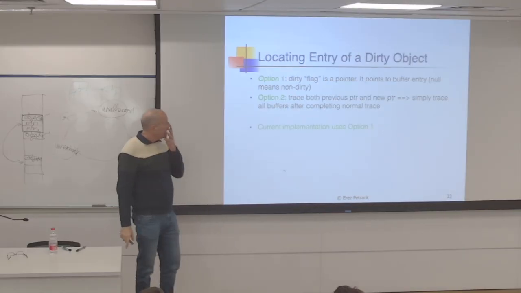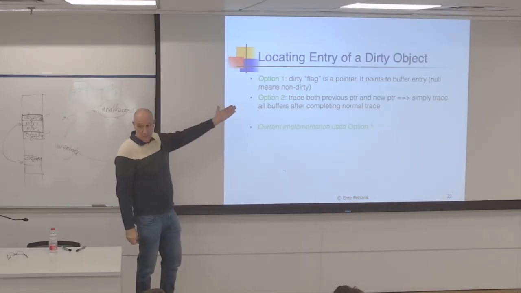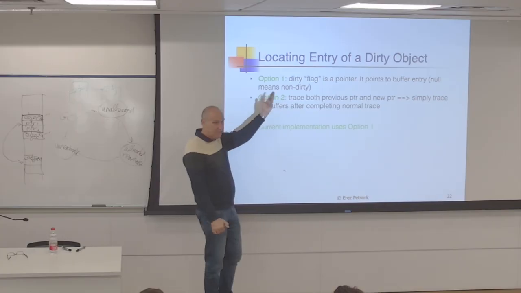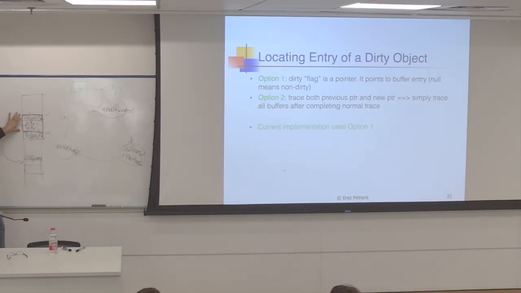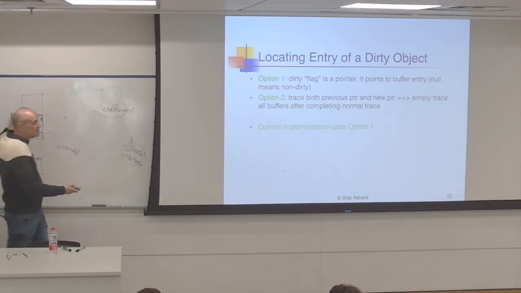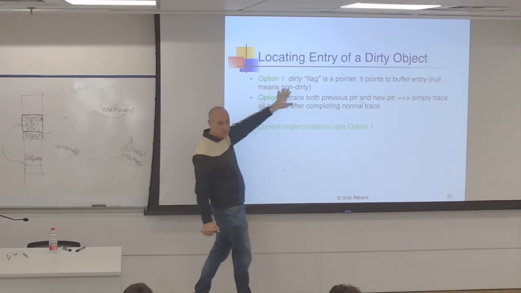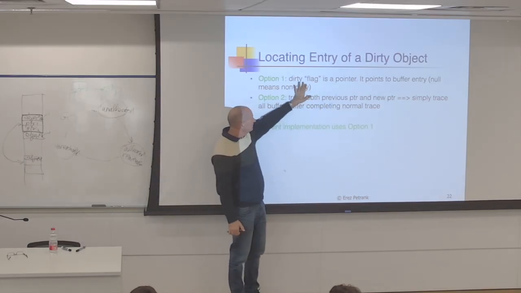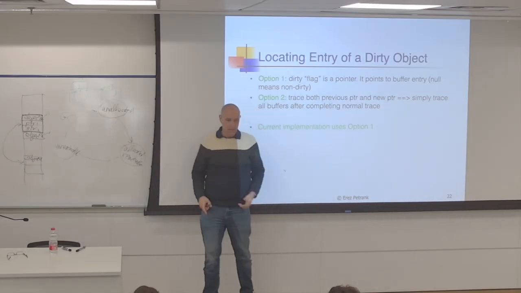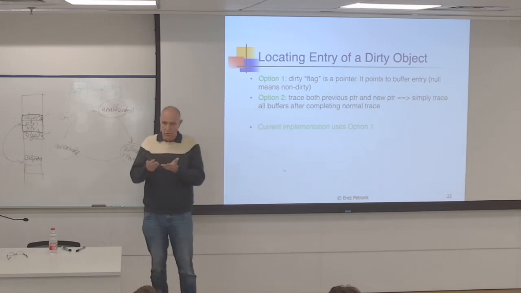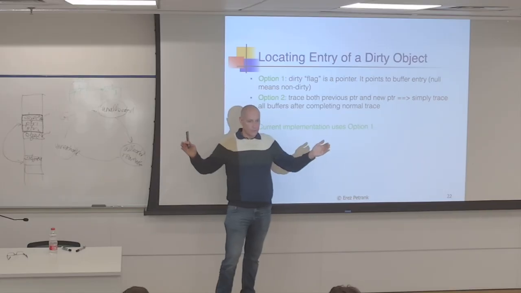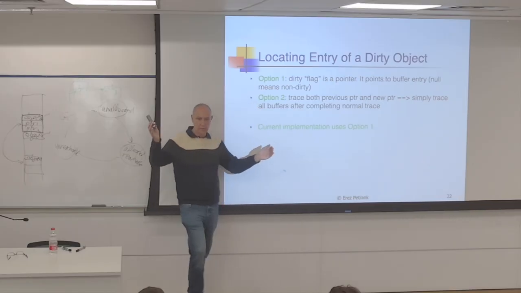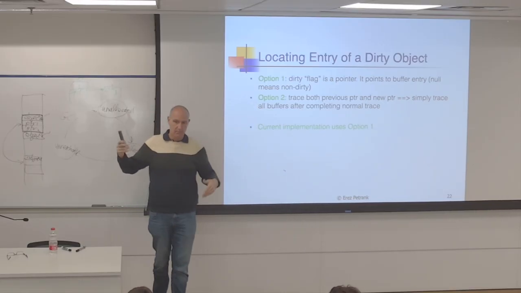Okay, and now what do I do to find the dirty? I have a dirty object and I have to get to its log in order to trace it. How do I get to it? So option one, which is what Yossi used, is instead of having a dirty flag that says if the object is dirty or not, like 1 bit, to use a word with a pointer to where the copy is in the buffer.